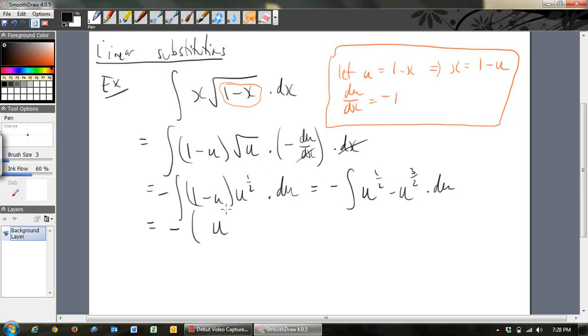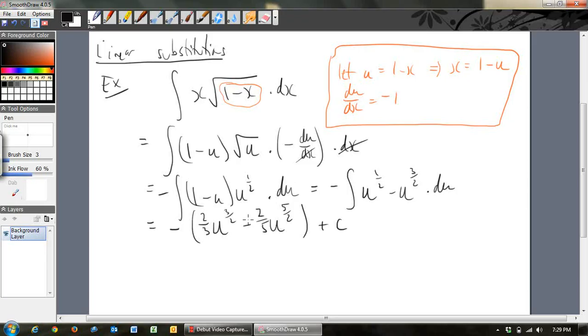So we've got u, increase that by 1, 3 over 2, divide by 3 over 2, you get 2/3. And then minus u, that 3 over 2 will go to 5 over 2, and then divide by 5 over 2, 2/5. Plus c, like that.